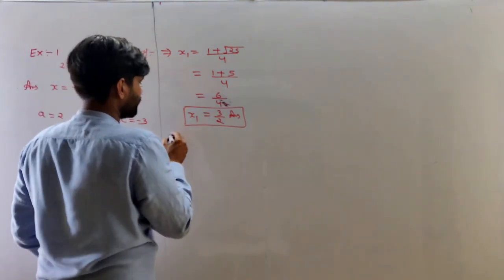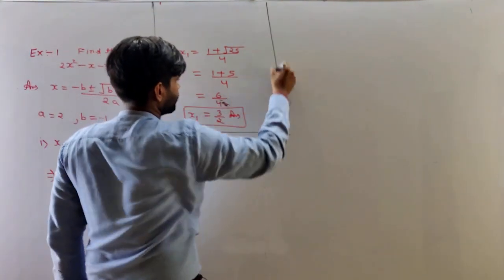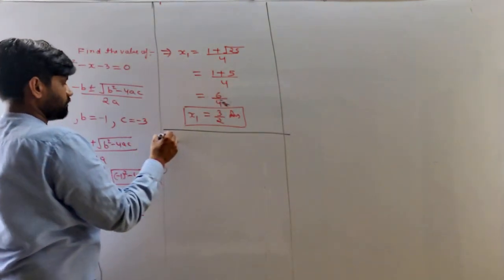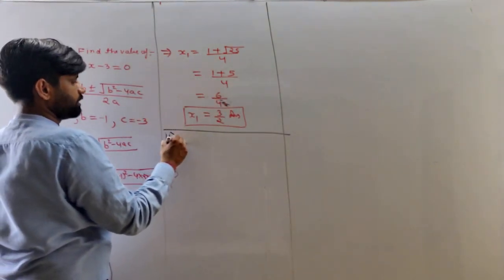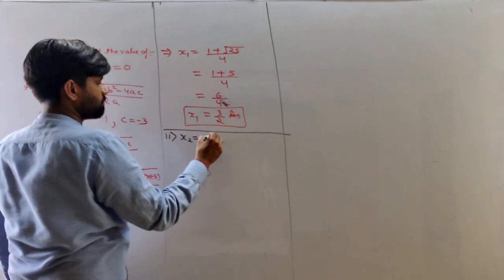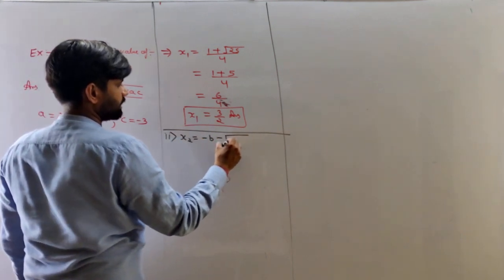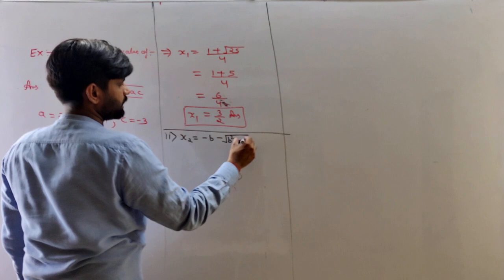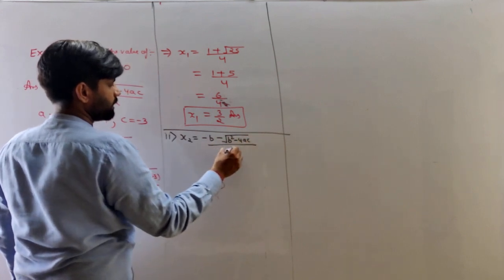Now calculate the value of x2. What is the formula of x2? Simple. x2 = (-b - √(b² - 4ac)) / 2a.